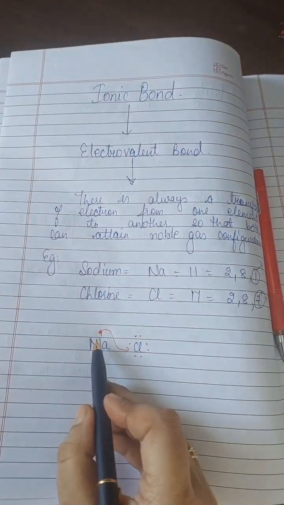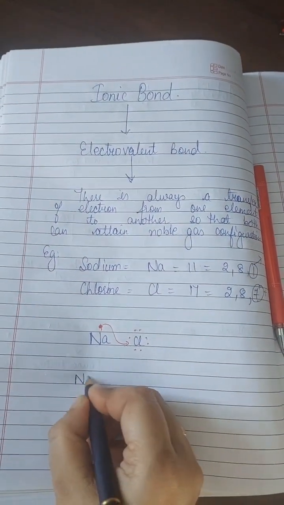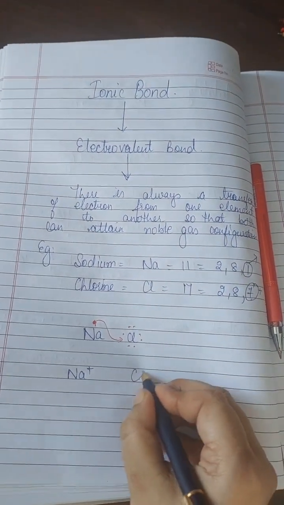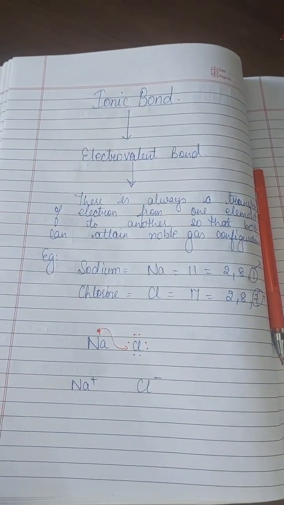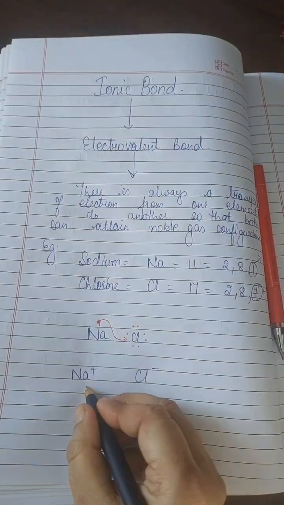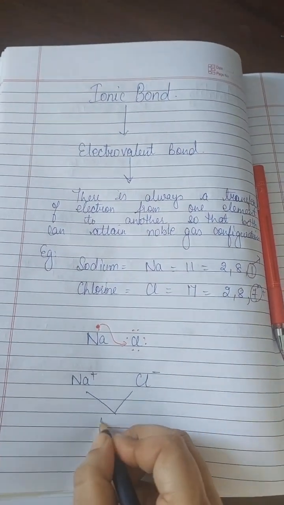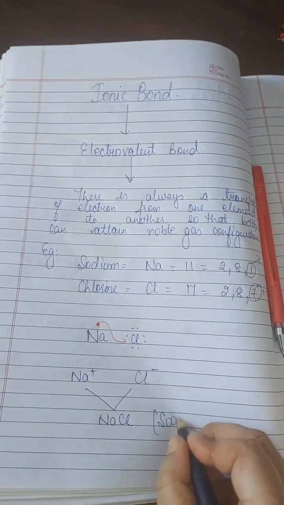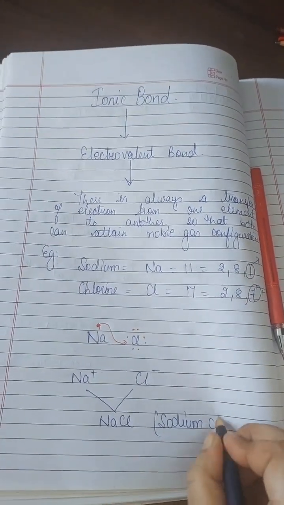Due to losing its 1 electron, sodium will attain a +1 charge and chlorine will attain a 1 minus charge. So both will combine to form NaCl, which is also known as sodium chloride.